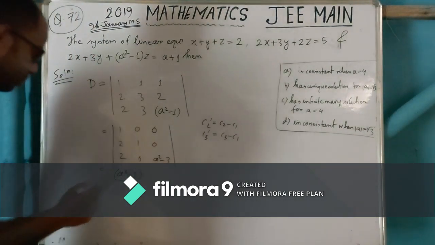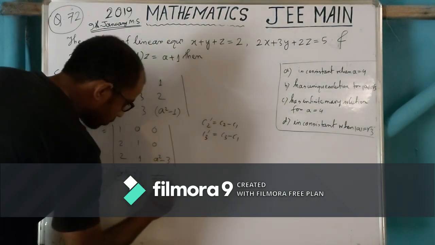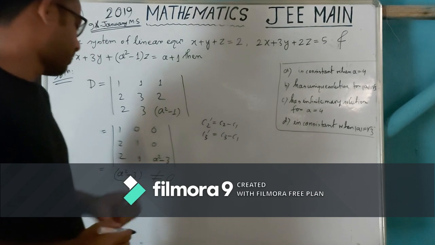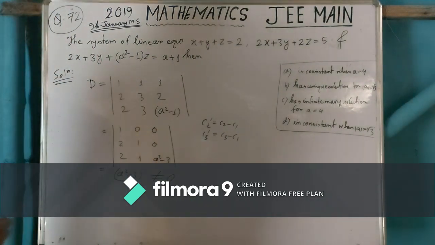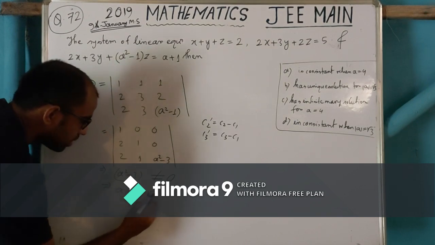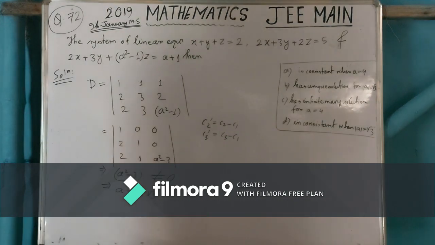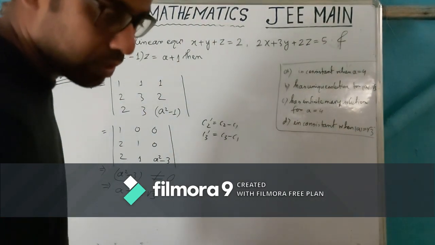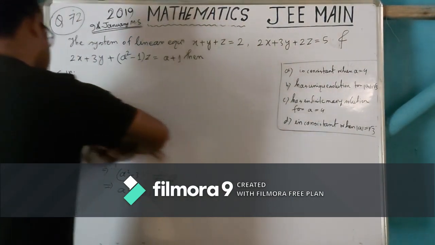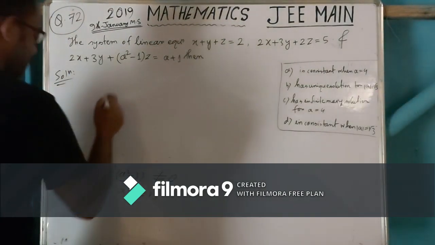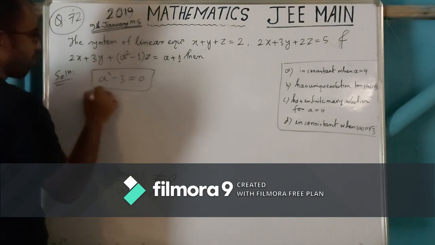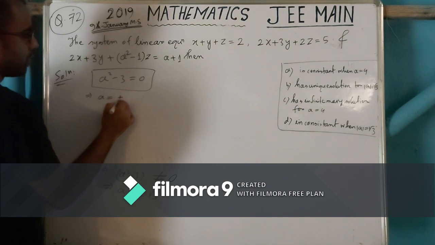If this value is not equal to 0, we get the unique solution of the system of linear equations. That means a not equal to plus minus root 3. If this value equal to 0, we get a equal to plus minus root 3.